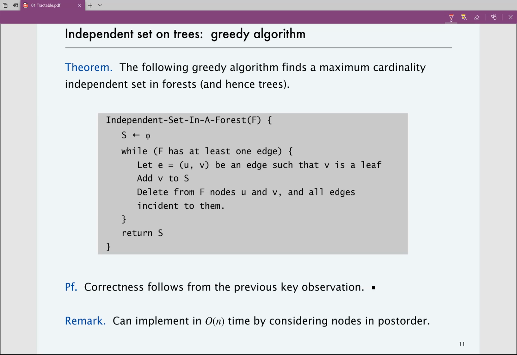Post order is a way of traversing a tree, where for each node, we process all of the children of that node before we process that node itself. You can check for yourself that if you process the nodes in post order, then you can implement this algorithm in order n time, n being the number of vertices.